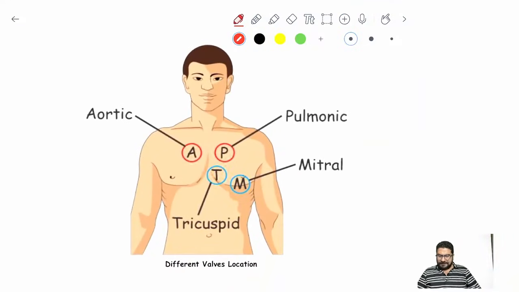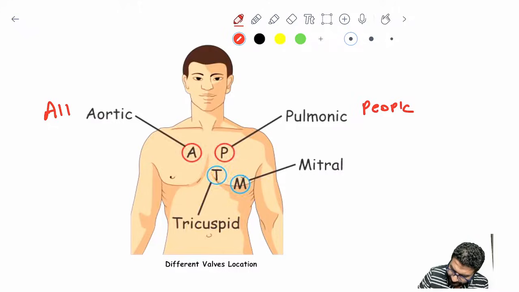Okay, then remember this, ये photo बार बार एग्जाम में आ रही है, so I thought to add this. Important. You can remember by mnemonic: All people enjoy. Enjoy means यहाँ पर एक और area होता है, that's called ARPS area. So this area is called ARPS area, also called neo-aortic area.